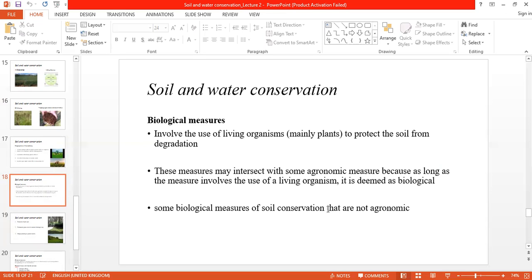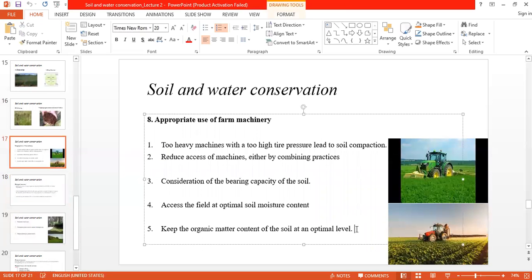So it avoids moving around anyhow in the field. So they've got controlled traffic lines.